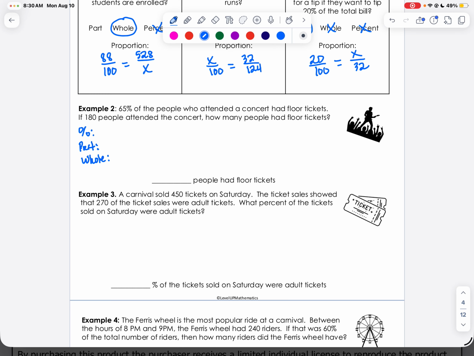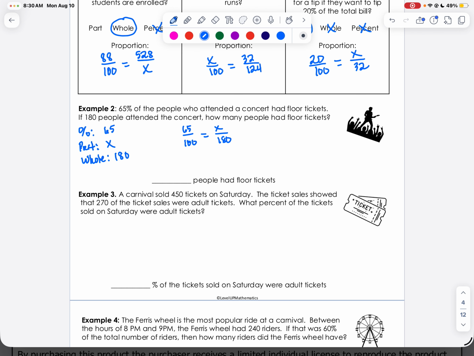We know the percent is 65. Then we also know the total number of people that attended the concert. That was 180, so we know the whole. So in this problem, our unknown is our part. So our proportion would be 65 over 100 equals x over 180.